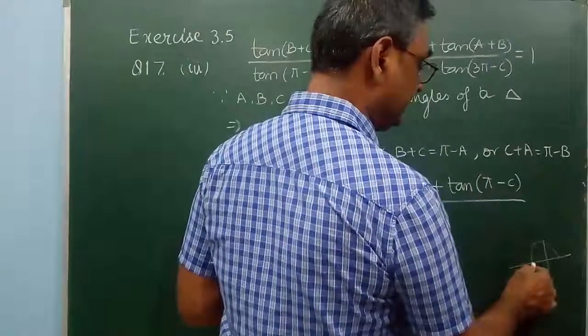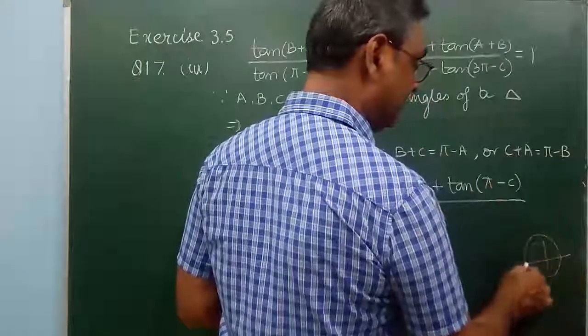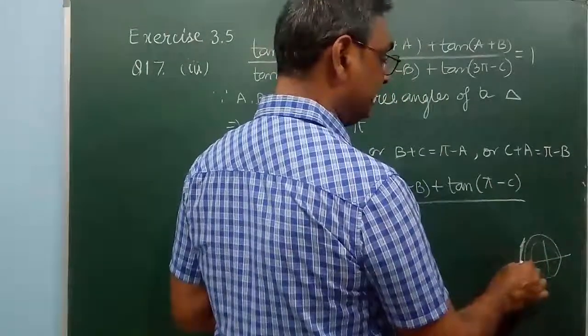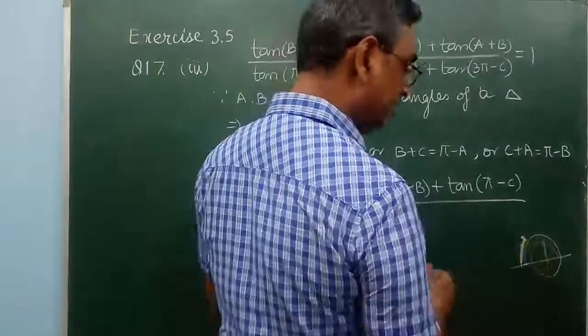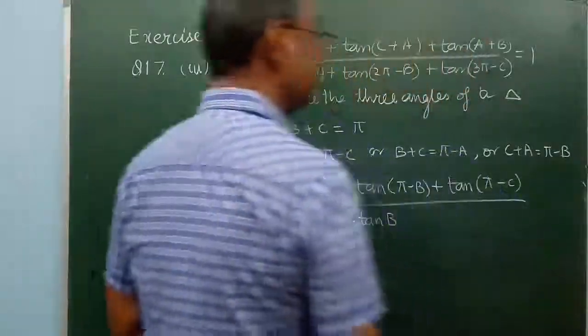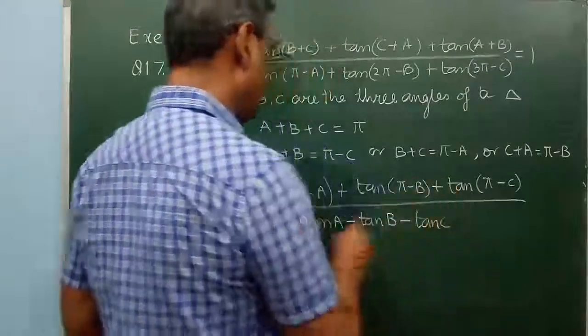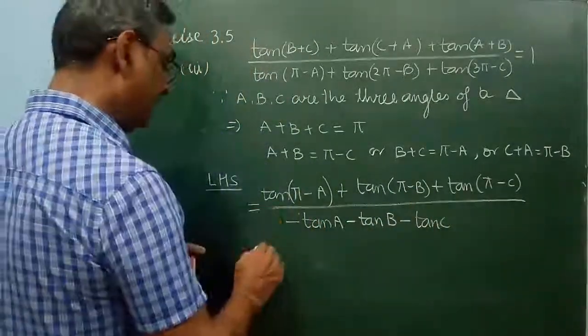This is 1 pi, 2 pi and this is 3 pi. And 3 pi minus C. Minus means which quadrant? Second quadrant. So, in second quadrant tan is negative. So, minus tan C.